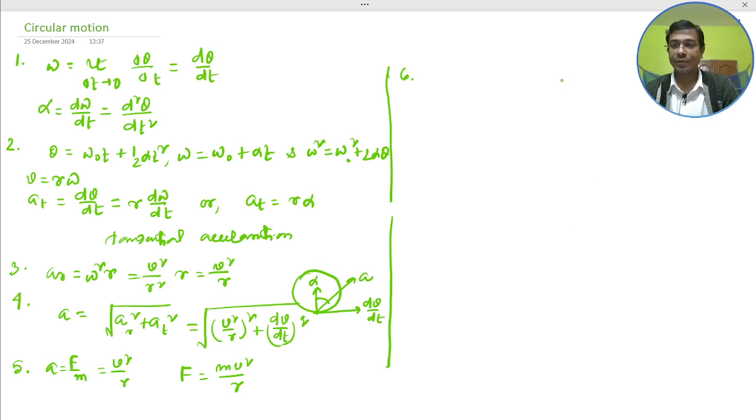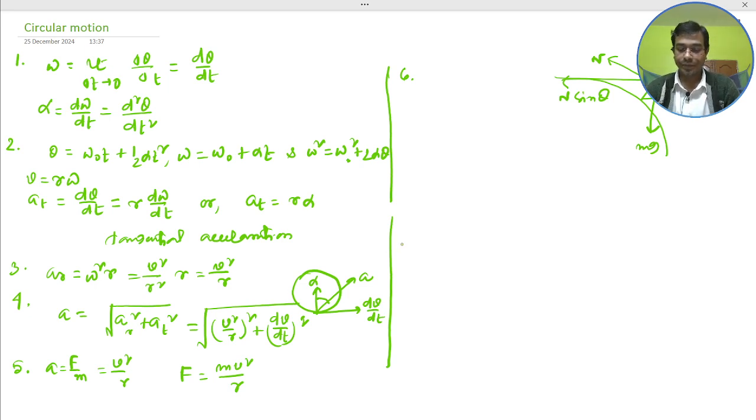Circular turnings, suppose this is a turn of the road. Here this is a body, and here this is theta, this is mg, and this is the normal component N, so it will be N sin theta and N cos theta.